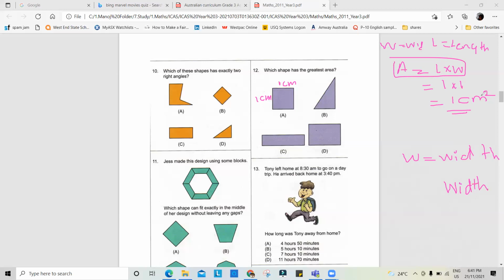W is width. L is length, L E N G T H, right? A is actually area, the first one, A, right? And this is area. Now we are done with that one, right? Have you got it? Now we go for the next one.